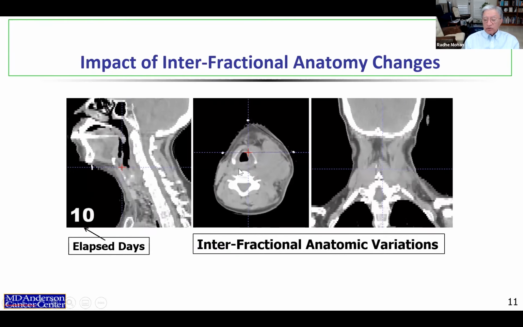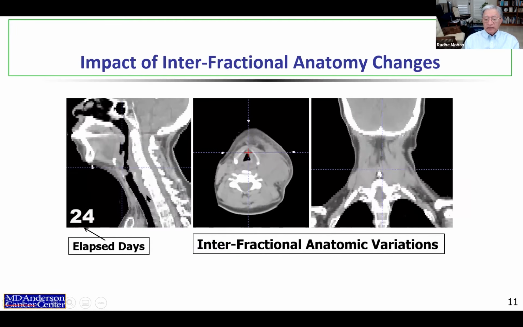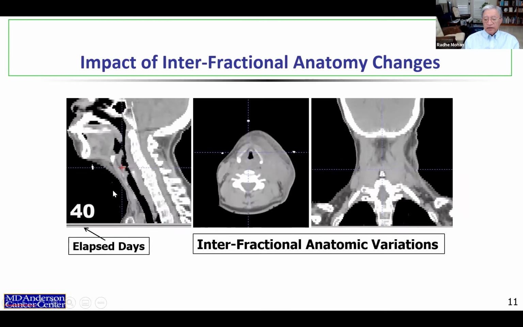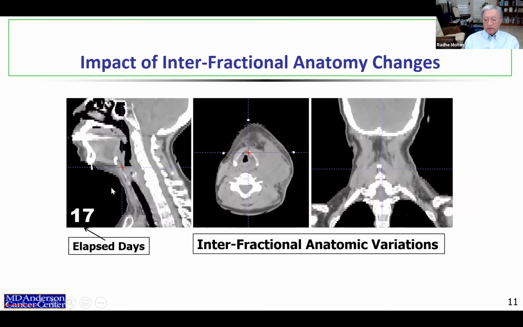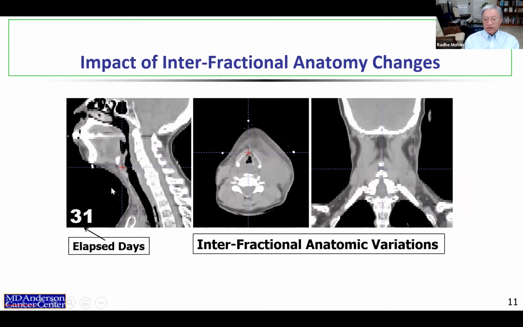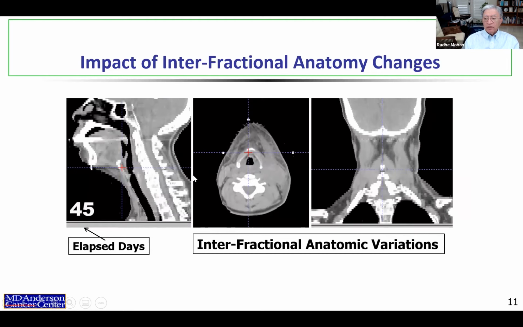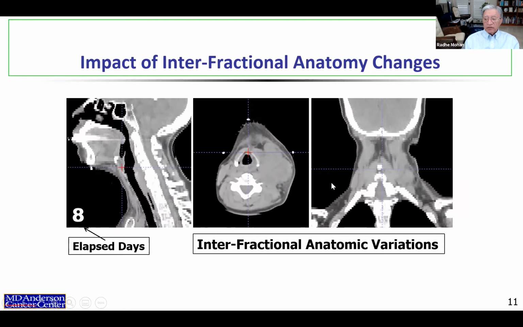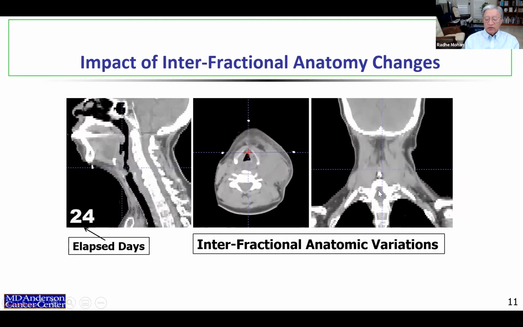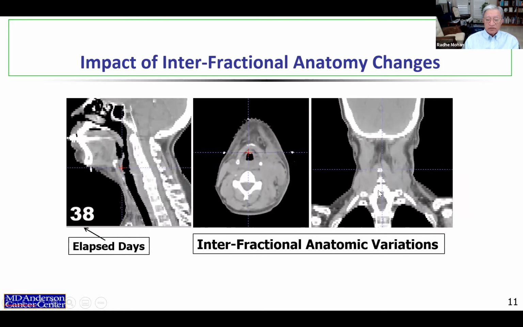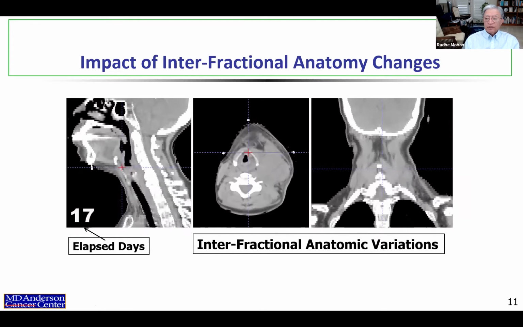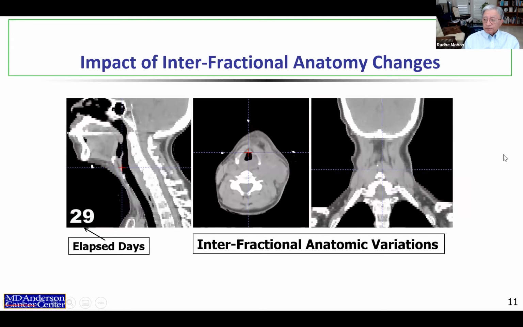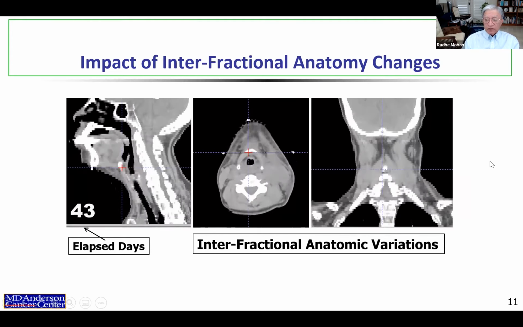And now I'm not showing dose distributions here, but you can just imagine that these are images of a head and neck patient over 47 days of fractionated radiotherapy, and the changes in anatomy have got to affect the dose distribution pattern. So in other words, the dose distribution the tumor and the normal tissues receive, especially for protons, may be quite different from what we expect from the treatment plans.